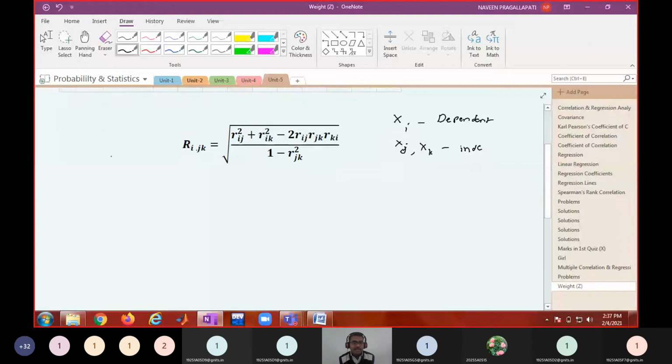So in a similar way, you tell me the formula for this R.